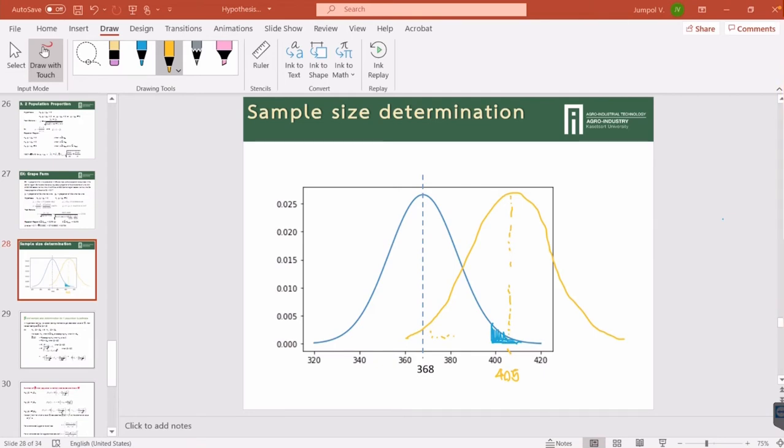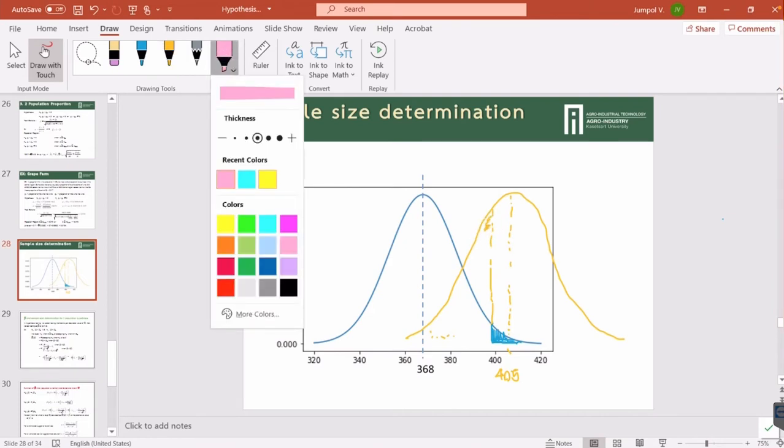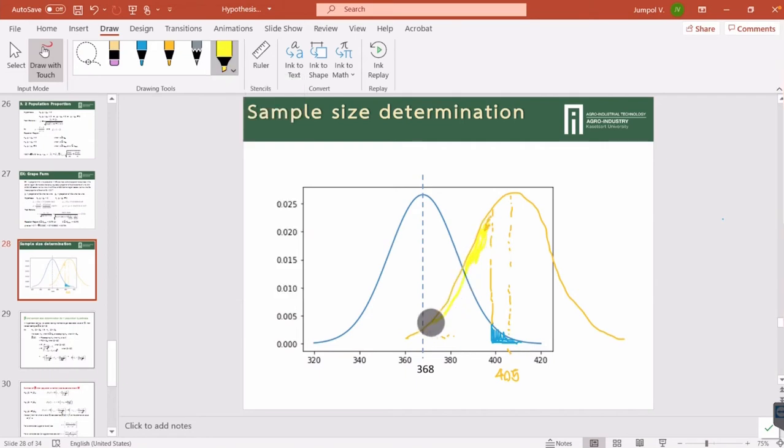If the real mean is 405 and we accept it, we're going to commit a type 2 error, right? So this is the probability of type 2 error.